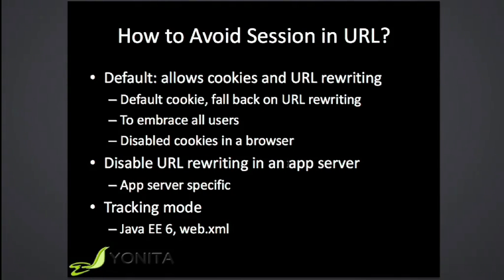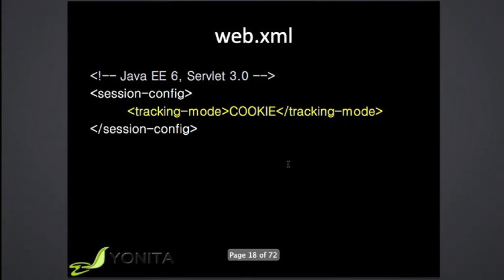So you should disable URL rewriting in your app server, and that configuration is app server specific. Or you should use web.xml and tracking mode, which is available from Java EE 6. So you should configure your web.xml to tracking mode cookie. No URL rewriting at all.